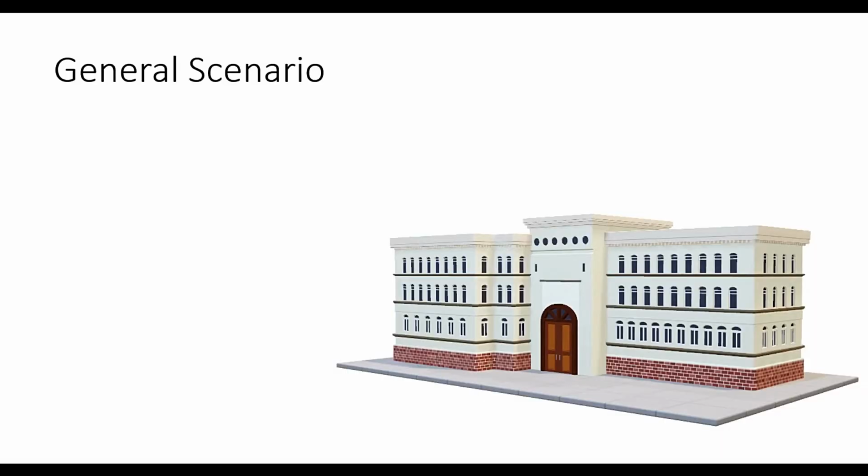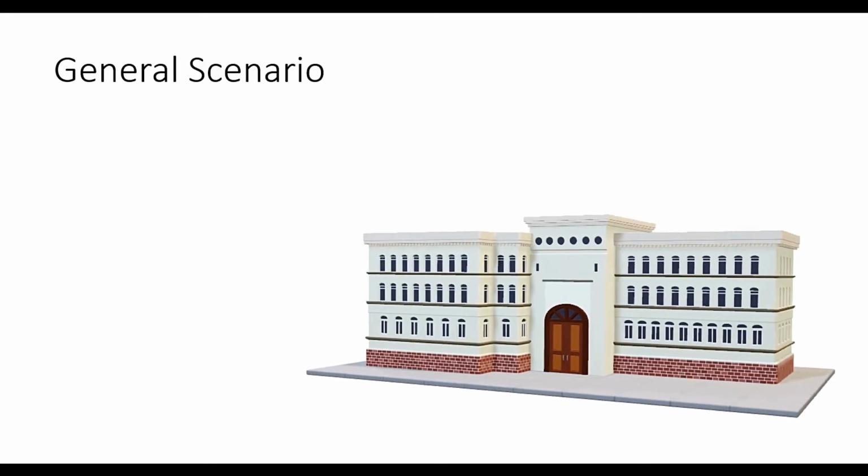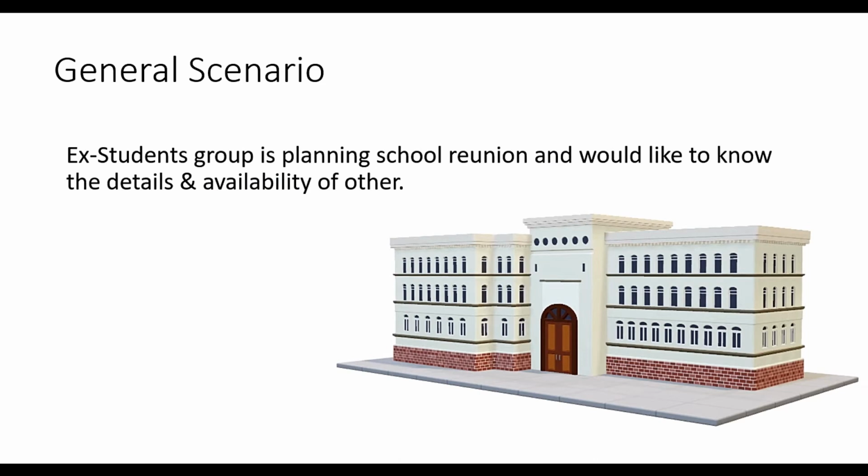Let's take a simple example, a scenario where you are an ex-student of a school, and your group is planning a reunion. You would like to know the details and availability of others who can attend the reunion. If they cannot attend, you would like to know why.